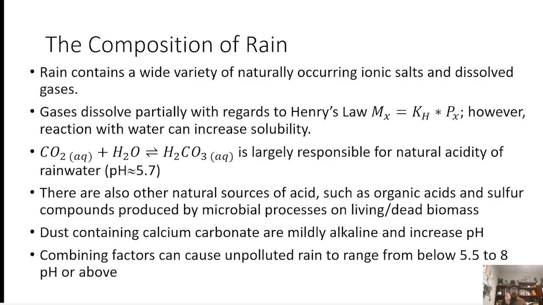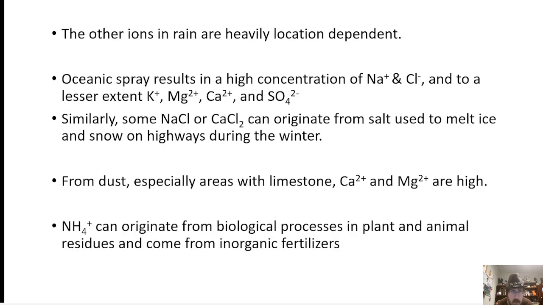If you combine all the factors of all these things, unpolluted rain can range somewhere between pH 5.5 to pH 8 or above. So there's a wide range, but notice 7 is neutral, so 5.5 is a little on the acidic side, but not too bad. 8 is a little bit on the basic side, but not too bad. It all depends on where we're at.